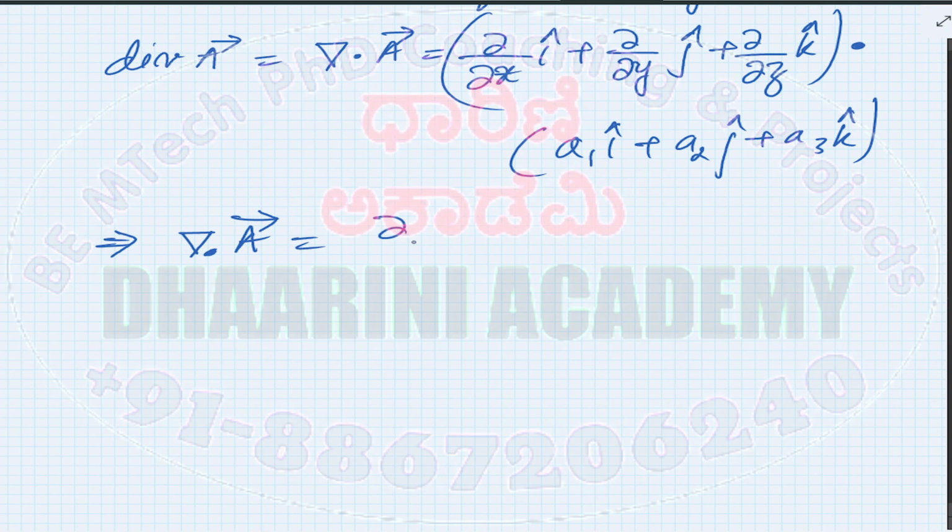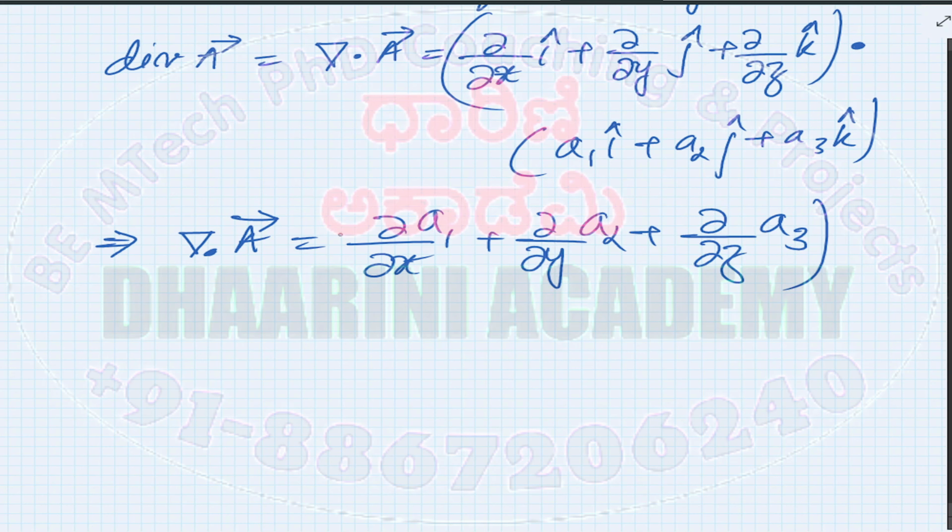This is dou by dou x of a1 plus dou by dou y of a2 plus dou by dou z of a3, because I can only multiply i into i, and i into i is 1. Dou by dou x is applicable to a1, dou by dou y gets multiplied with a2, and dou by dou z gets multiplied with a3. That's why this is the notation.